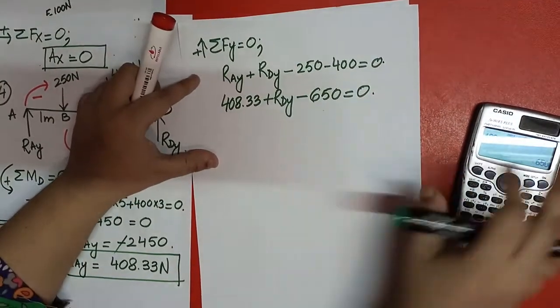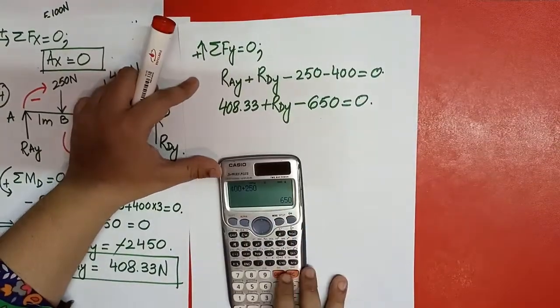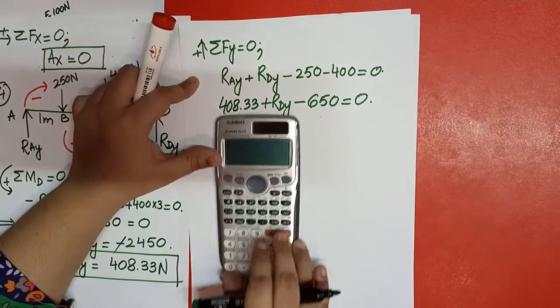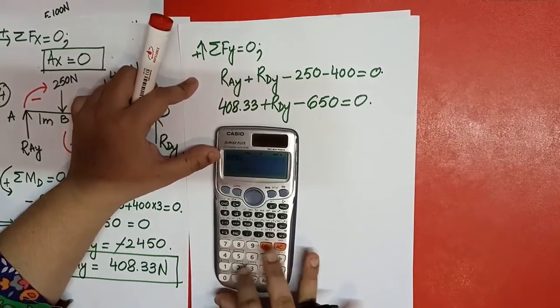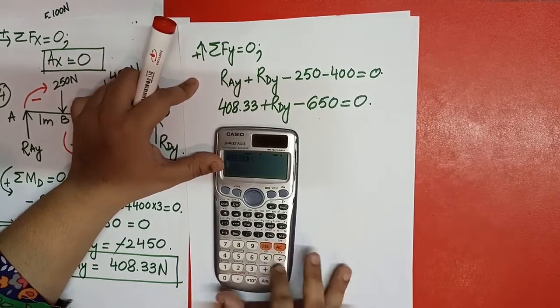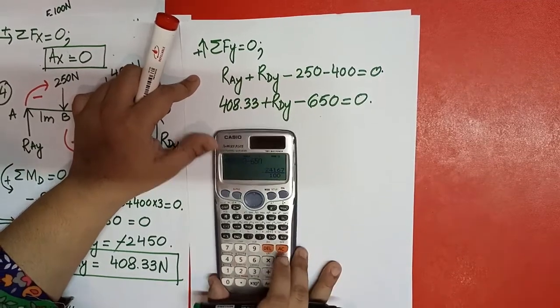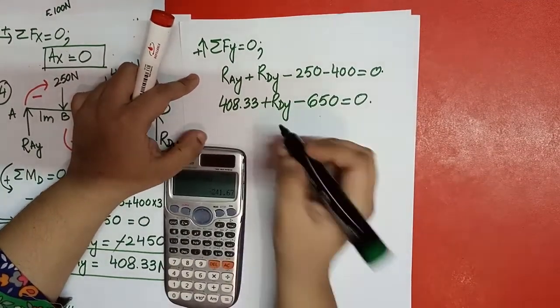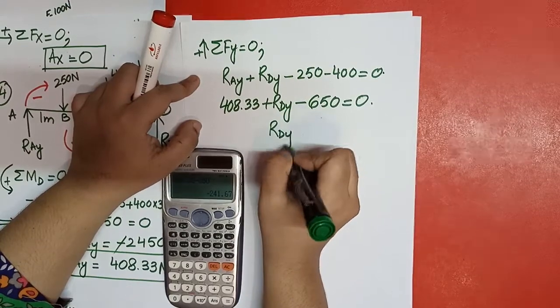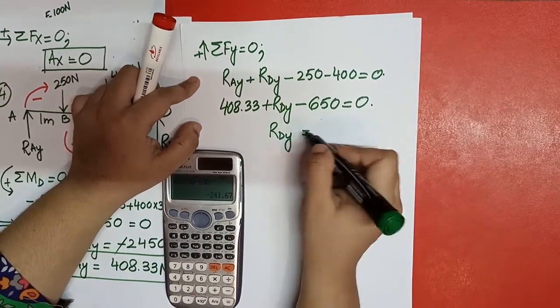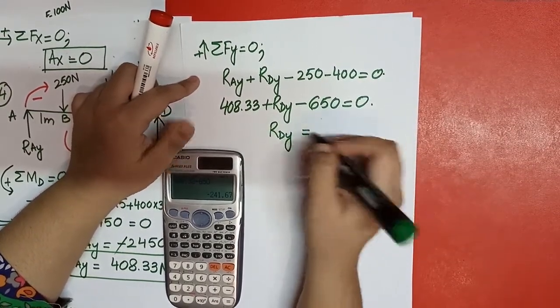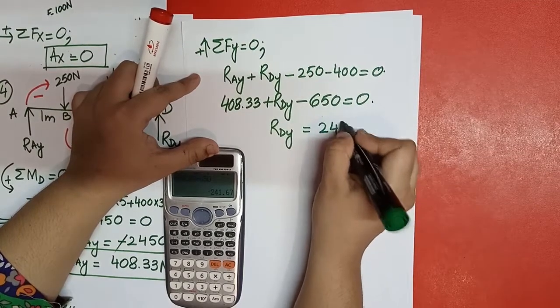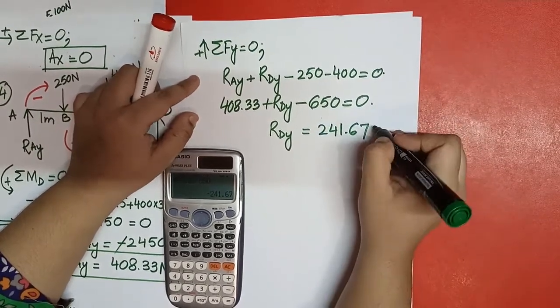So what I have to do here is 408.33 minus 650. So the answer is 241.67. RDY is equal to, because it is minus 1, when I bring it to right hand side, it will become 241.67 newtons.